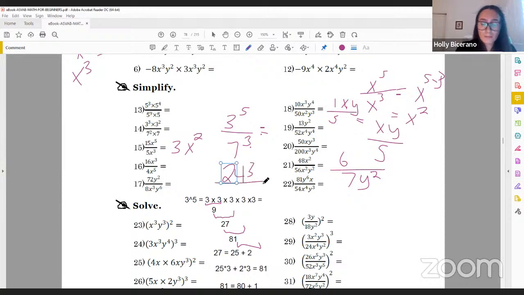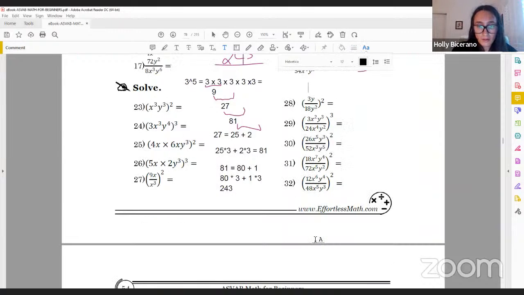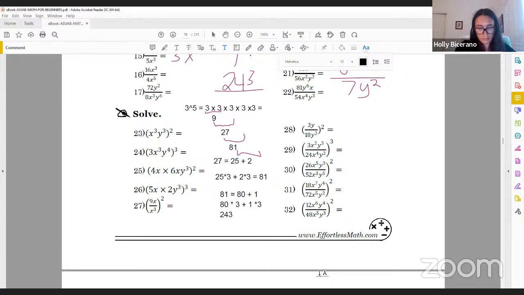That's what we have on the top. And then we still have to do 7 to the power of 3. So let's do that. So that's 7 times 7 times 7. So starting with basic multiplication, 7 times 7, that's 49.